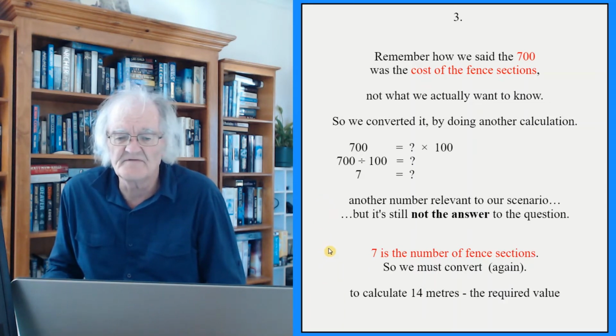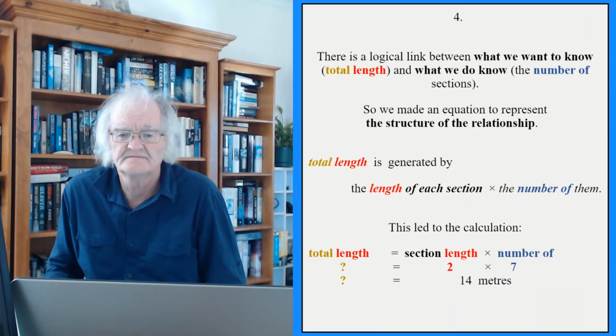7 is the number of fence sections, so we must convert that again. In the original problem, each section was 2 meters long, so therefore the 7 sections converts to 14 meters of length. That now is the value that the original question required. So there's a logical link between what we want to know, total length, and what we calculated on the way, the number of sections.